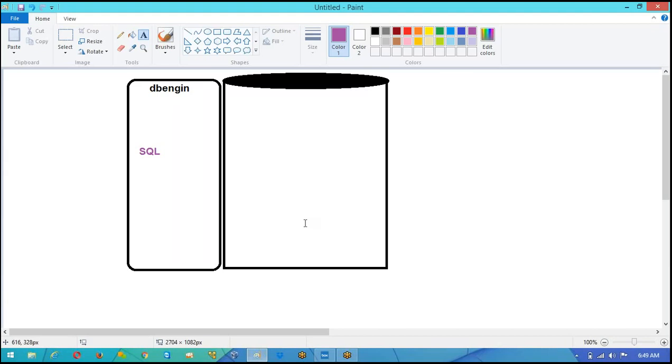Whatever it is, simply SQL is the language. If you want to communicate with RDBMS, if you want to deal with RDBMS, you have to work with SQL commands only, right?